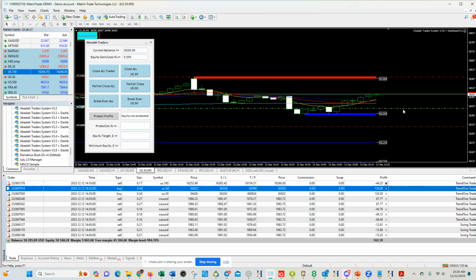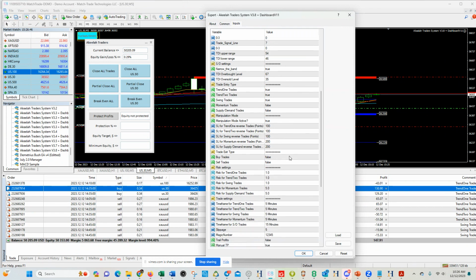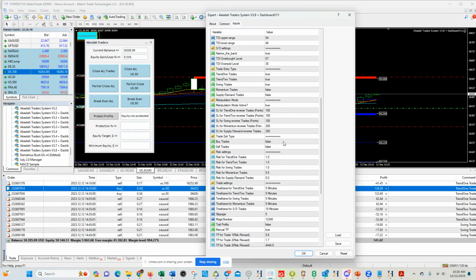And again, I'm not sure why we didn't move our stop losses here. I may or may not have that setting on here. Let me see. Okay, no, I have that turned false on this one. So maybe that's why that didn't do it.